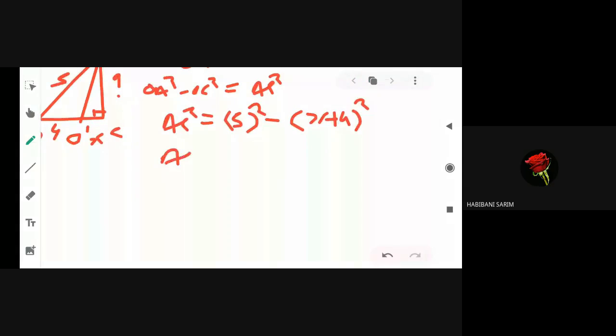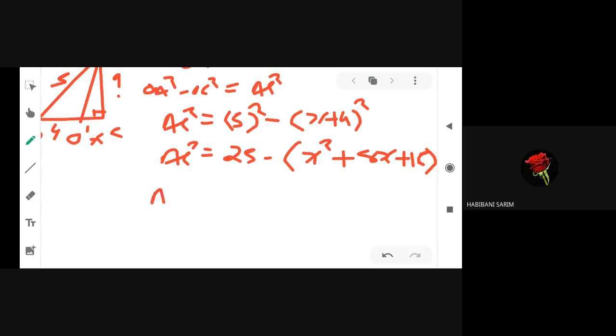Okay, now solve this. 5 square is 25, minus x plus 4 whole square, which means x square plus 8x plus 4 square, 16. You know very well the algebraic identity; we study algebraic identities in the second chapter. (a plus b) whole square means a square plus 2ab plus b square.